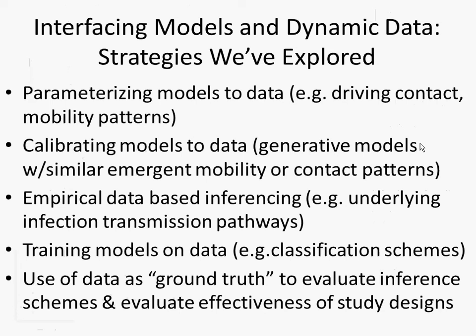For example, and this is actually a separate issue, we might have statistical tools that try to recognize certain patterns in the world, and we use an agent-based model as a synthetic source of data to see how well the statistical model, a hidden Markov model or a machine learning model, classifies things before we use it on real-world data, so that we know what the underlying ground truth is.